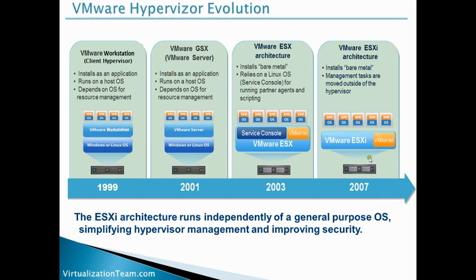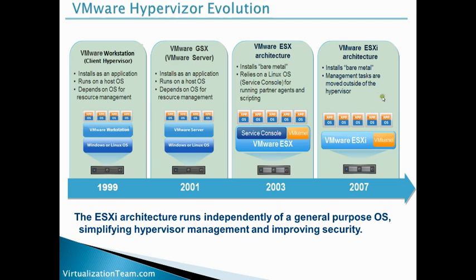Going forward, the only type 1 hypervisor VMware has in the market is VMware ESXi. It discontinued VMware ESX, as ESXi has a much better reliability and security footprint. Going forward with our training here, VMware ESXi is what we're going to focus on, and that's what's used in 80% of virtualized data centers in the market today.